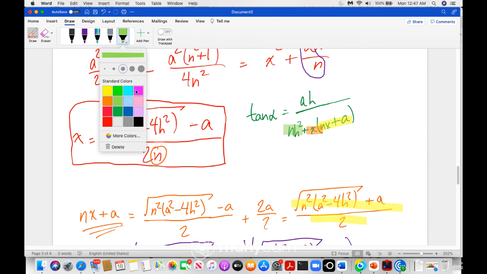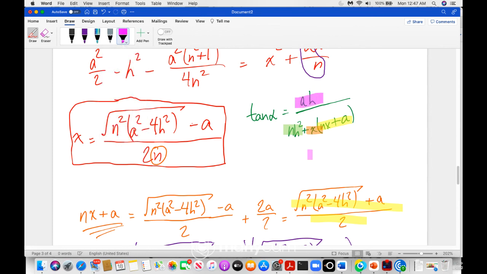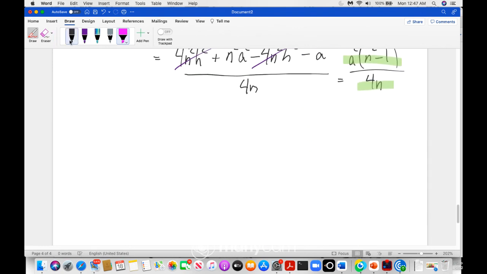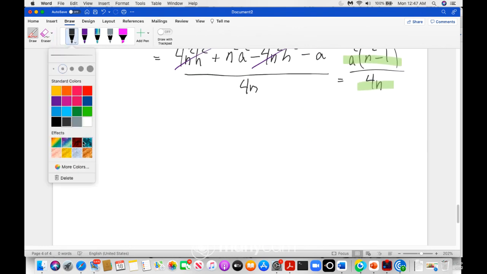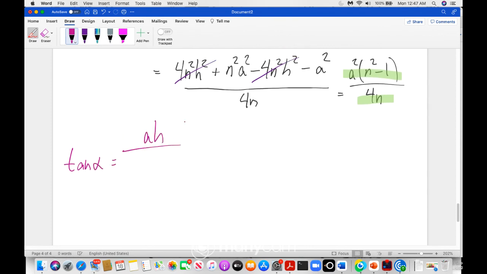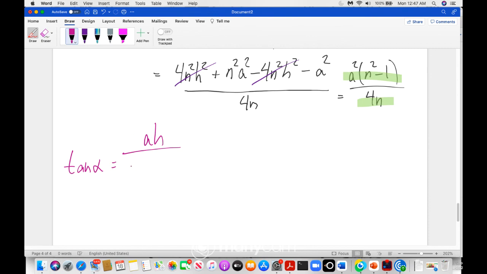Because all we have to do now is take ah divided by that junk and simplify. So, what should I do my final triumph in? Kind of feeling pink, or maybe this color, whatever this color is. So I'm going to take now tangent of alpha, the whole thing is now ah divided by all the stuff that is in green highlight.